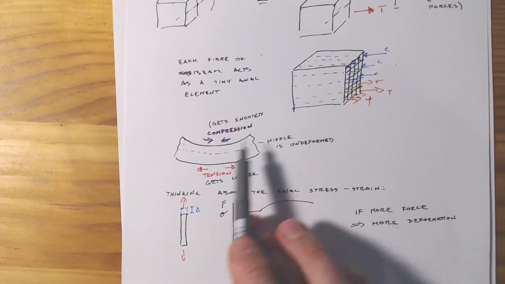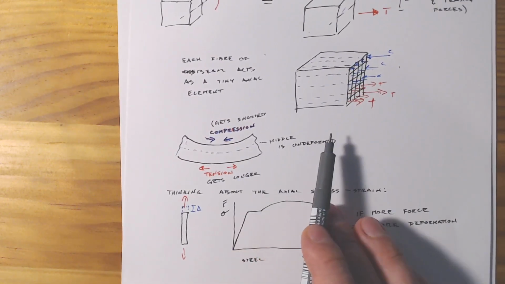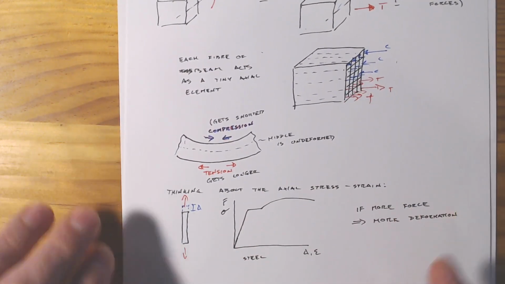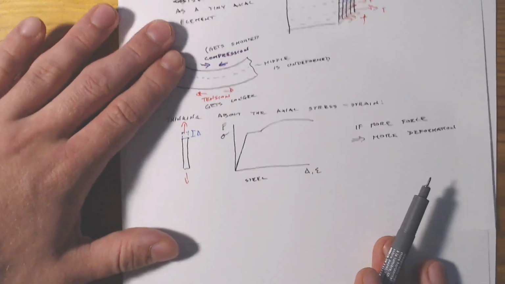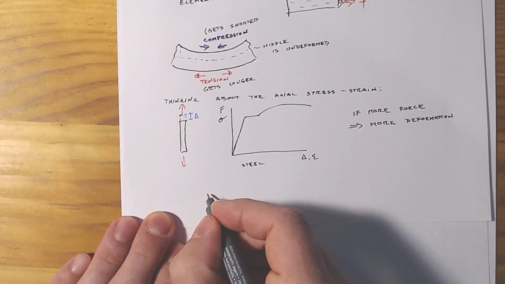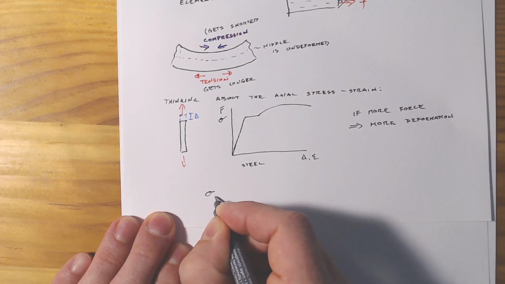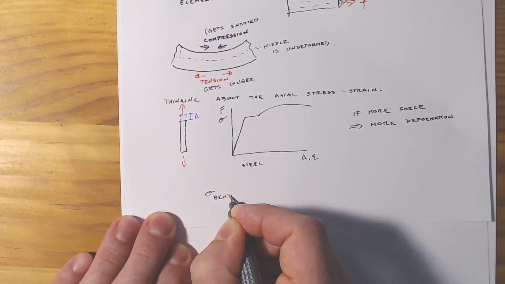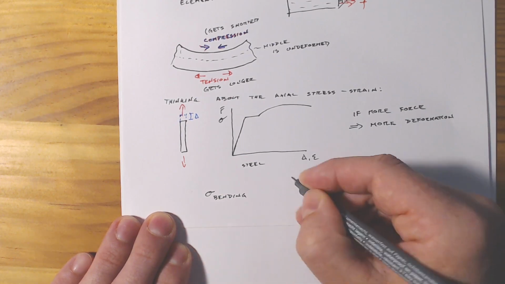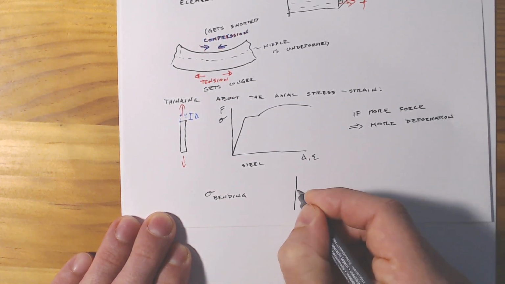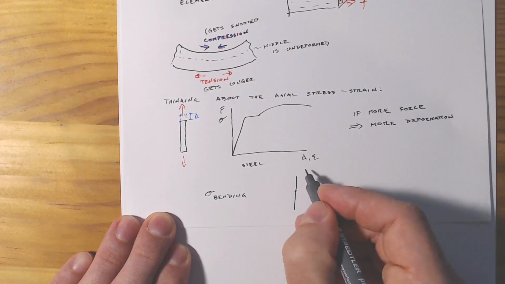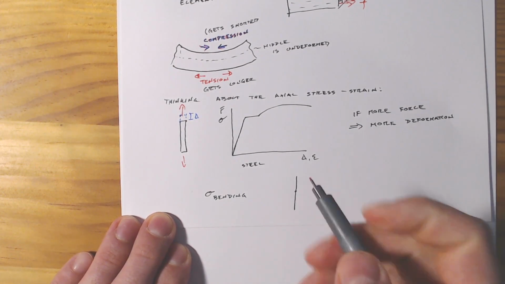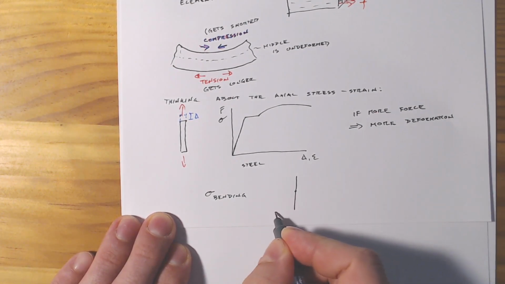And so if we're treating a bending section as a whole series of these little discrete axial elements, we can then work out our stress distribution for bending. If we just look at the cross section, at the middle, it'll be 0. At the top and at the bottom, it will be at a maximum.